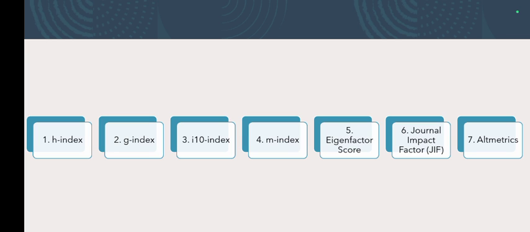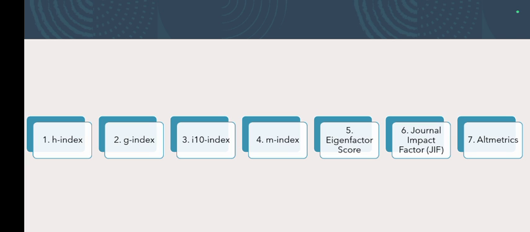Then the M index is calculated by dividing the total citations by the number of years he has taken to publish all the papers. That is how the M index is calculated.